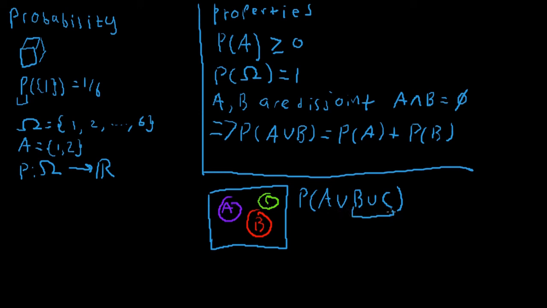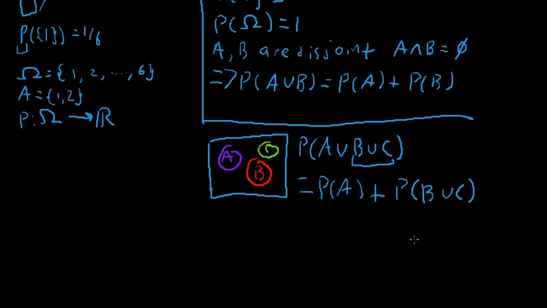So A union B union C. Remember, union is associative, which means that this is the same as this, where I group these two together first. So if I write that as the probability of A plus the probability of B union C, then I just apply the same thing down here that I just applied.